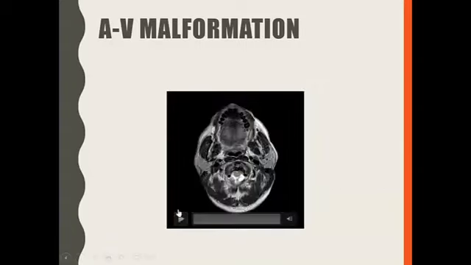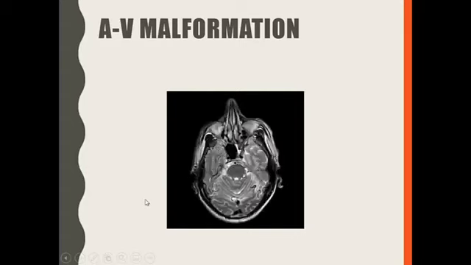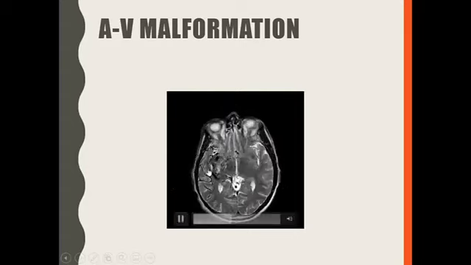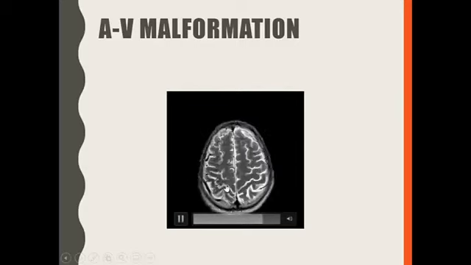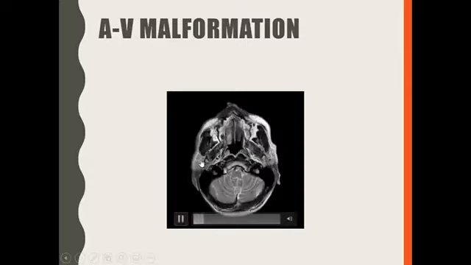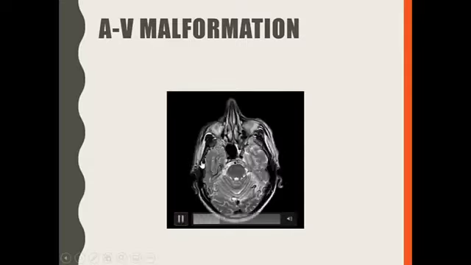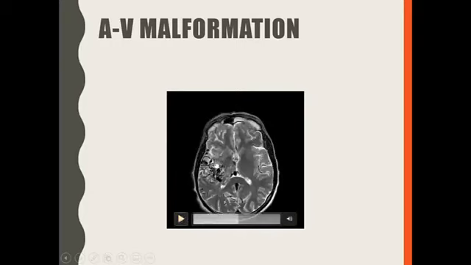Here is an MRI T2 image, and it shows a right frontal AVM with draining veins to the superficial venous system, and this is what we call a bag of worms appearance.